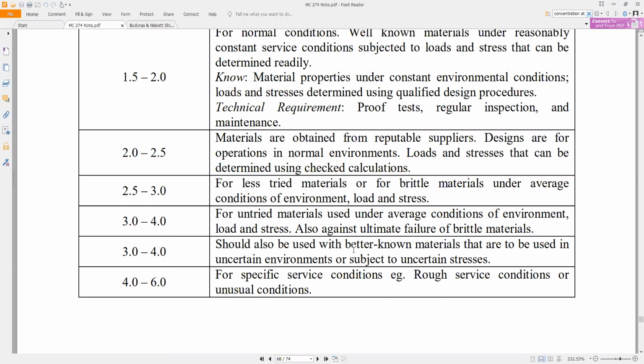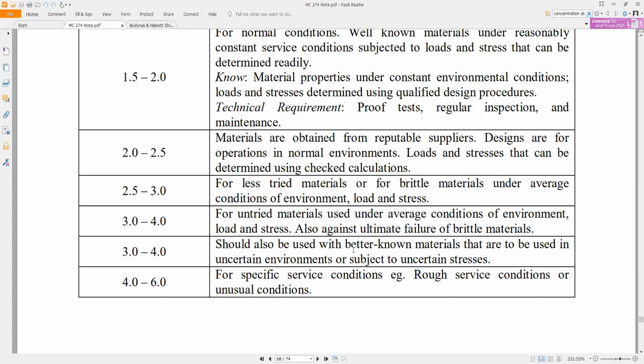And then we also have 3.0 to 4.0, which should also be used with better known materials that are to be used in a certain environment or subject to uncertain stresses.